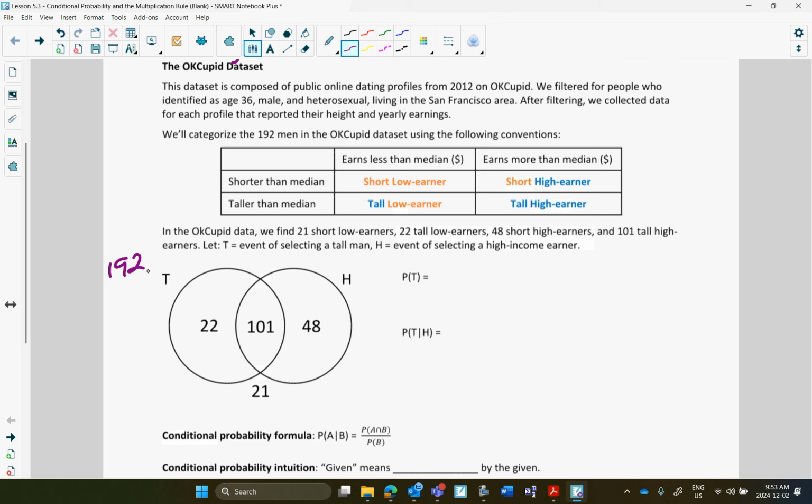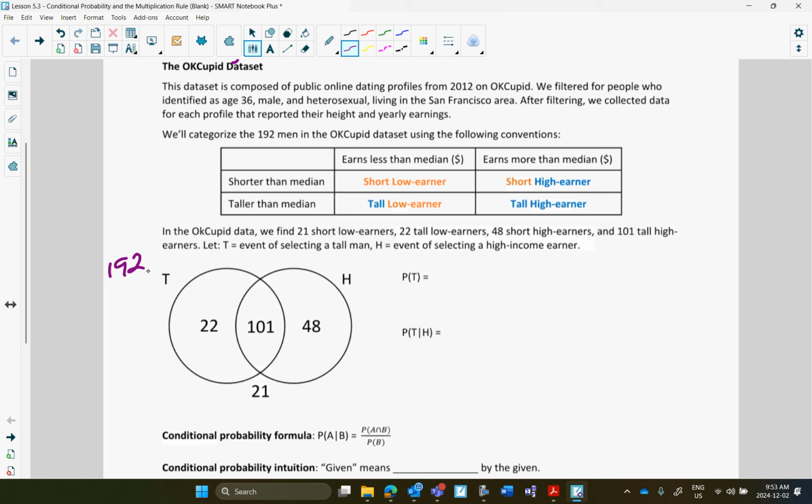Remember, this is tall man, high income earner. 149, but probability has to be a fraction. 149 over 192 is the probability of selecting a high income earner.